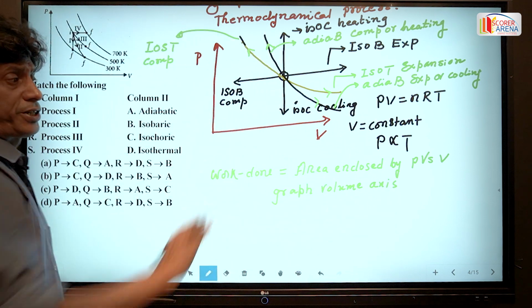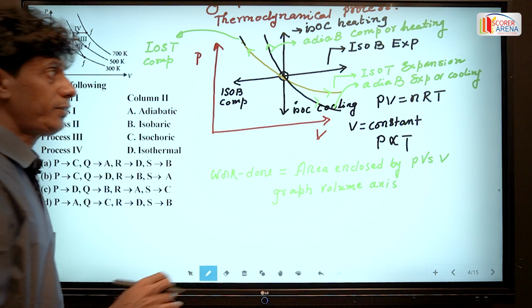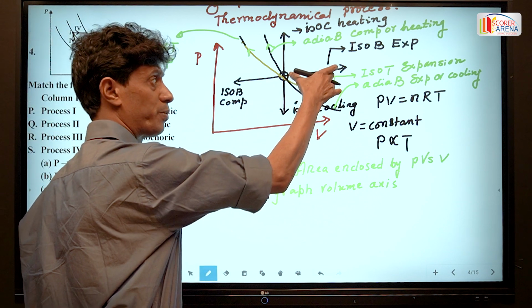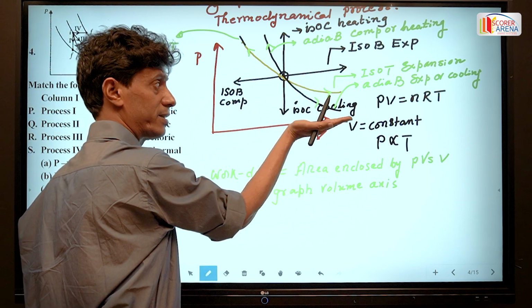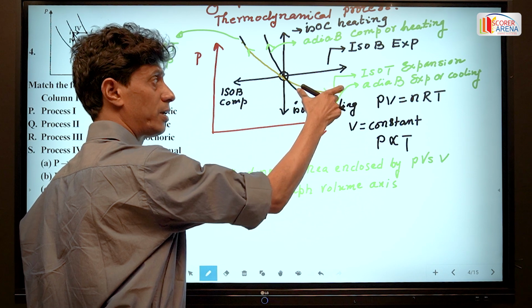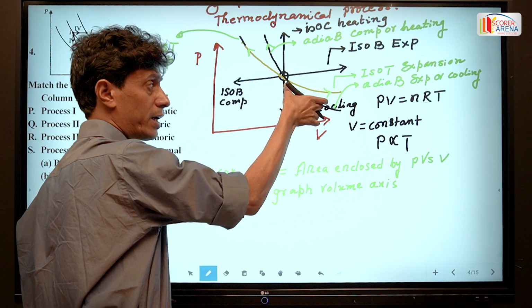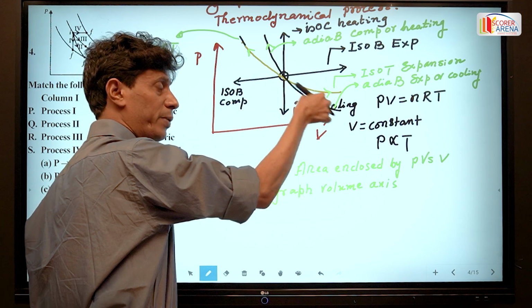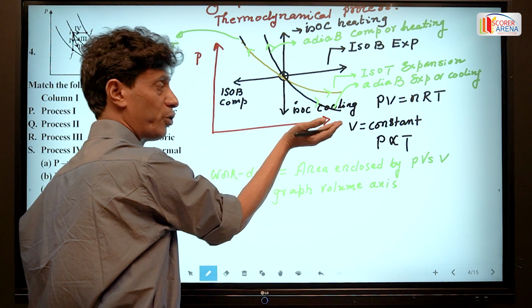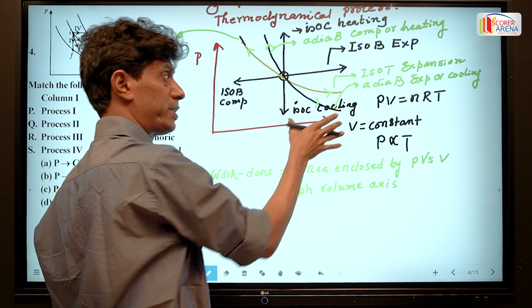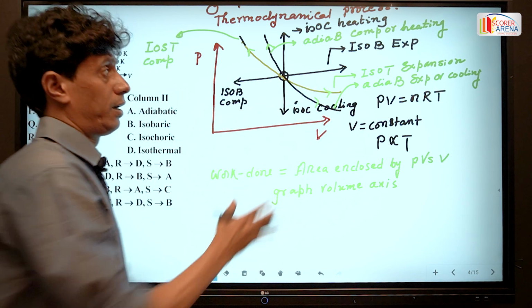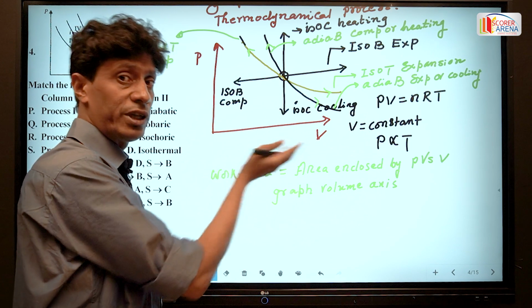So during compression, area enclosed by isobaric process with volume axis, then area enclosed by isothermal process, and area enclosed by adiabatic graph with volume axis. So these represent the area under the P versus V graph with the volume axis.